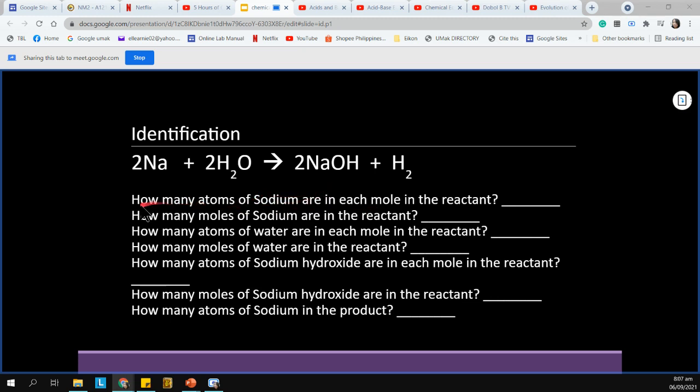Take note, number 1, how many atoms of sodium are in each mole in the reactant? I mean 2 atoms po na sodium. May subscript ba tayo dito? Hindi pa po i-consider coefficient. So 1 lang po. Yes, yon. Take note guys that there are terms here that are going to be tricky. Pag sinabing each mole, hindi nyo muna i-consider dito.